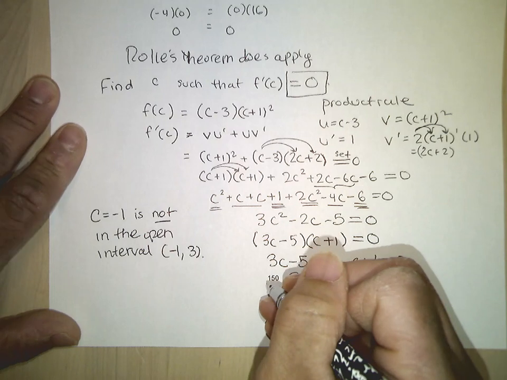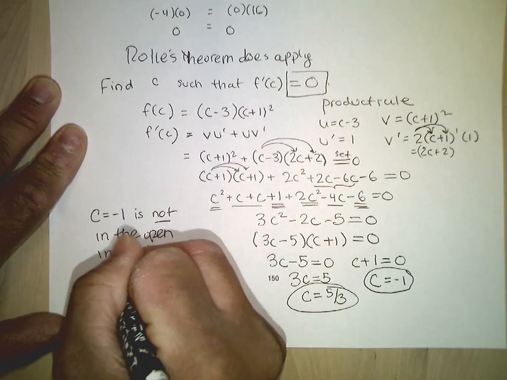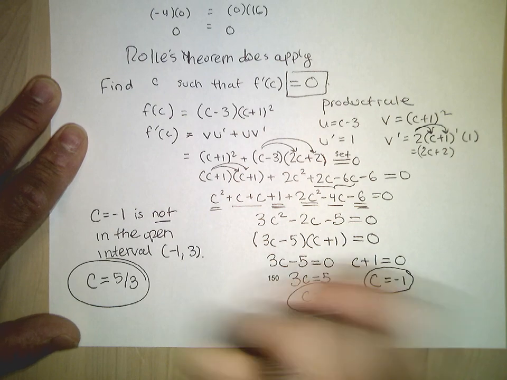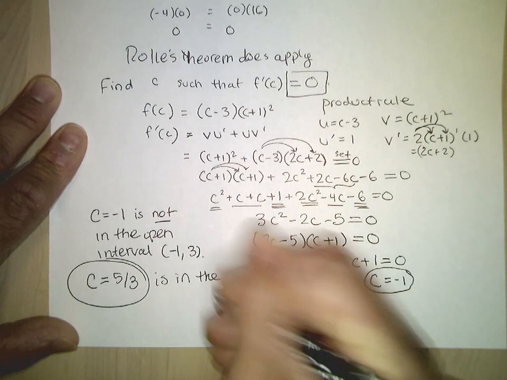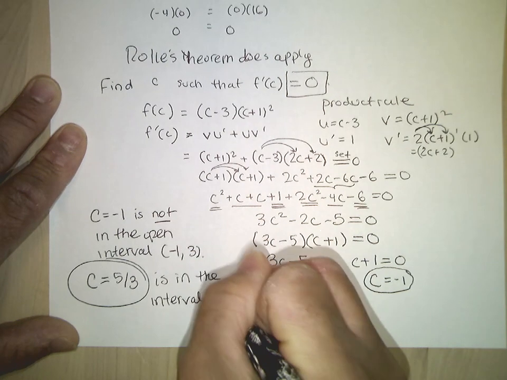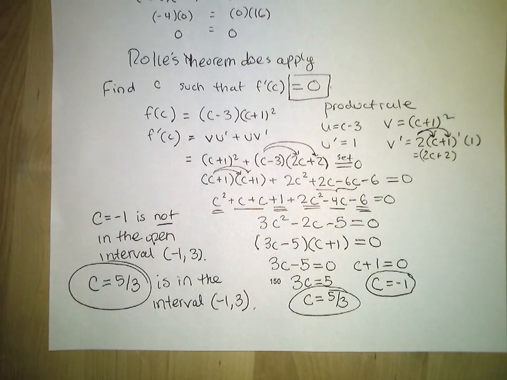And so therefore c equals 5 over 3 is the solution we're looking for, because this is in the open interval from negative 1 to 3. All right, so what a time to be alive.